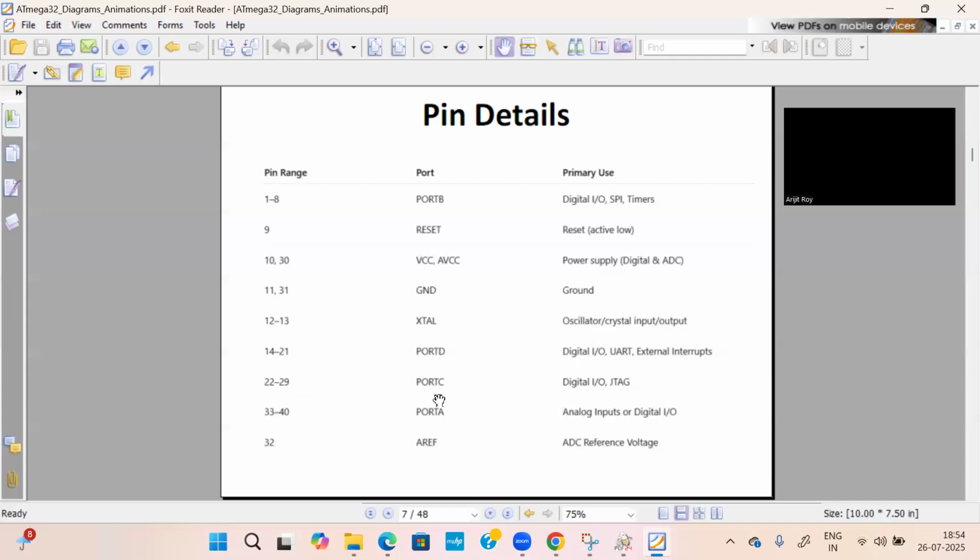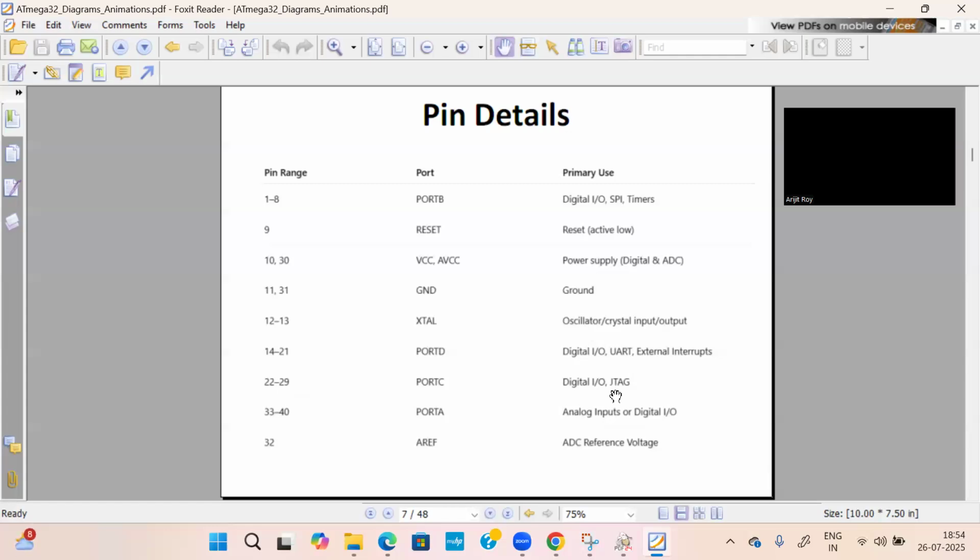Another thing is called JTAG. JTAG stands for Joint Test Action Group. It is a standardized interface used for debugging and testing electronic circuits, particularly in embedded systems.